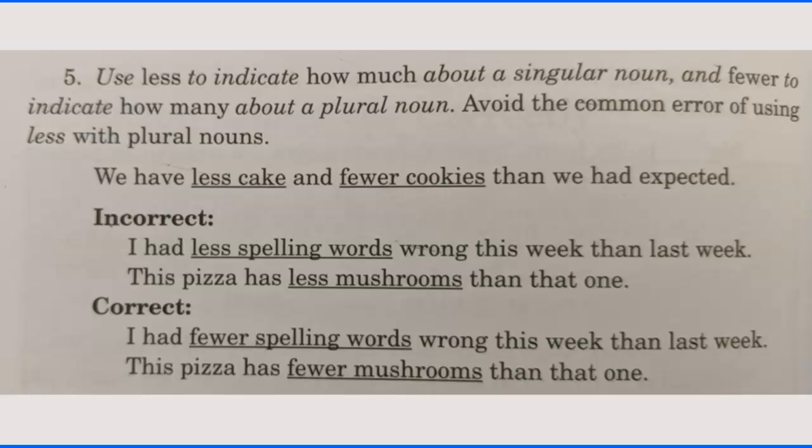Now the example at the top, we have less cake. There was one cake. We have less cake and fewer cookies, that's plural, than we had expected. So this is more about using the words less and fewer. To use less, we are going to indicate something about a singular noun. Fewer, to indicate something about a plural noun. So remember those as you go through your homework.